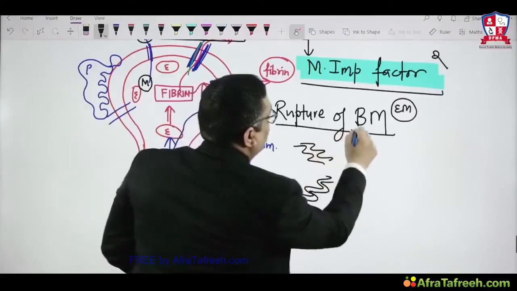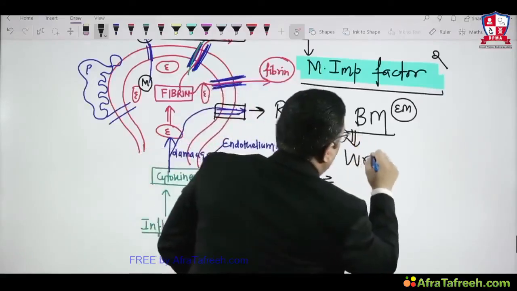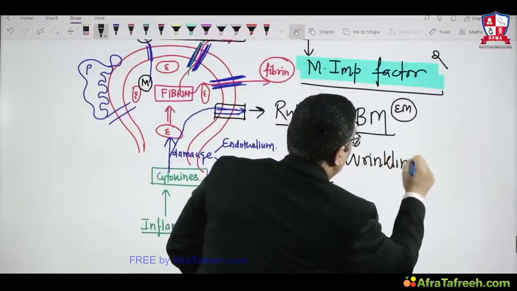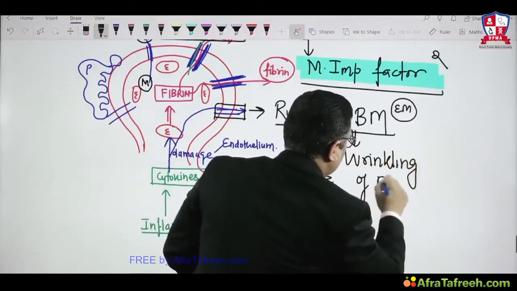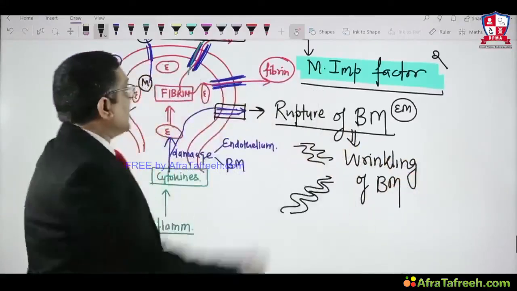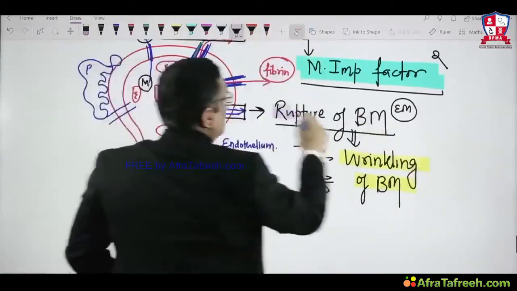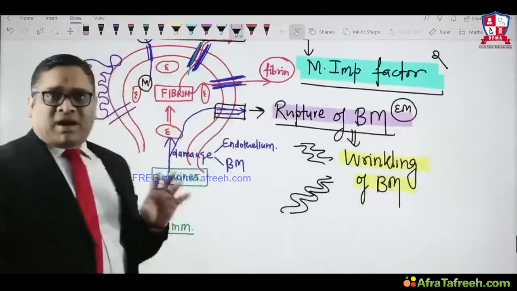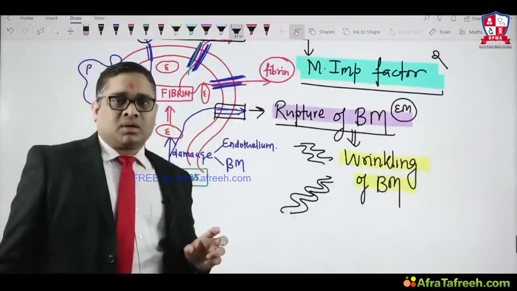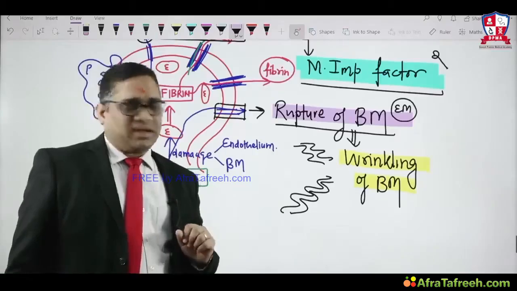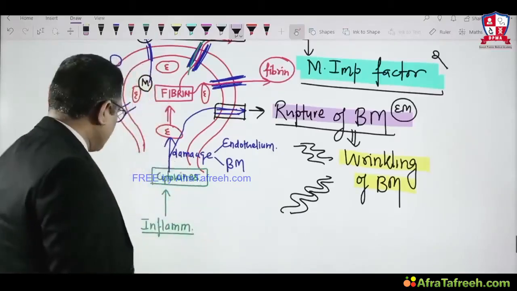On electron microscopy, due to rupture, what we are watching here is called wrinkling of the basement membrane. That is another important MCQ. Wrinkling and rupture of the basement membrane are findings on electron microscopy of RPGN, right? These are important things we have to understand.